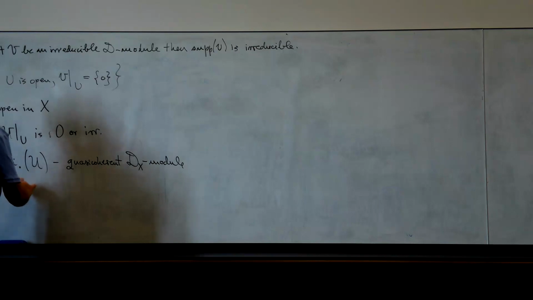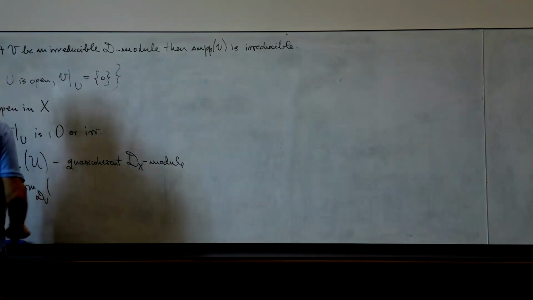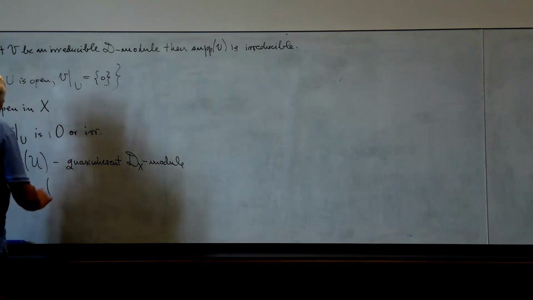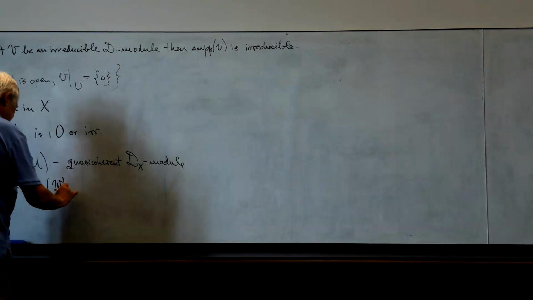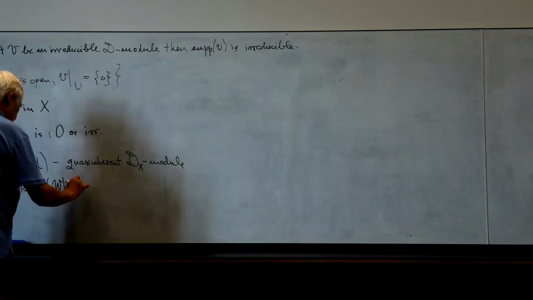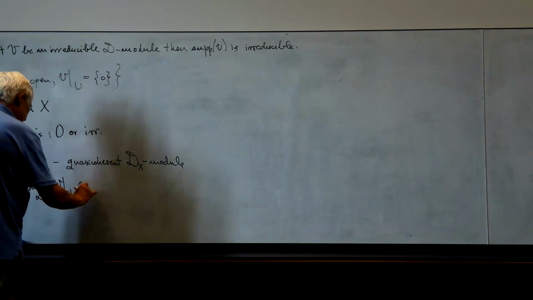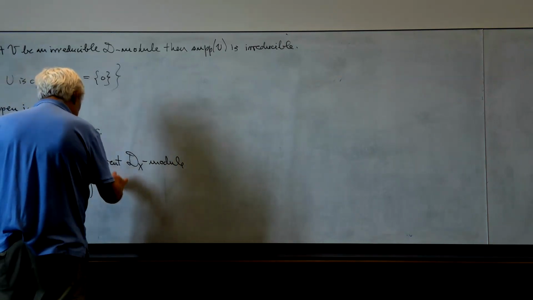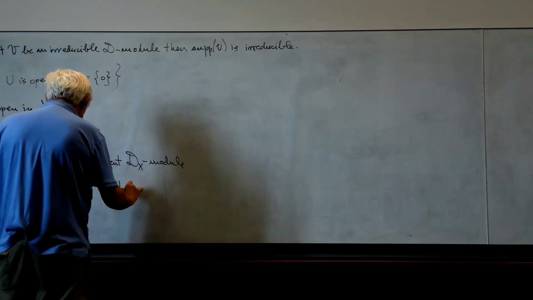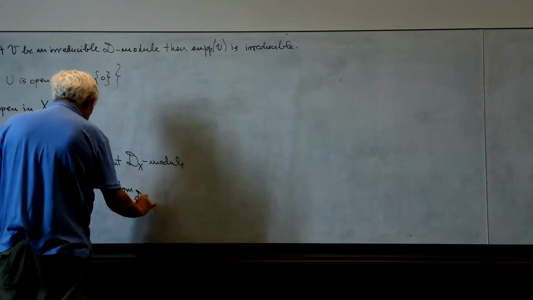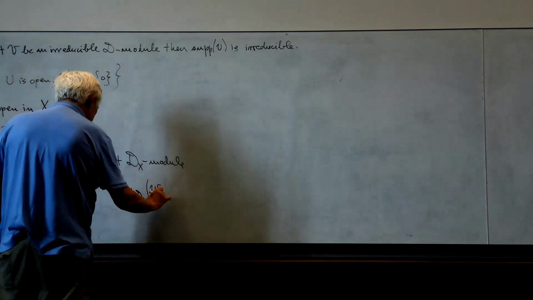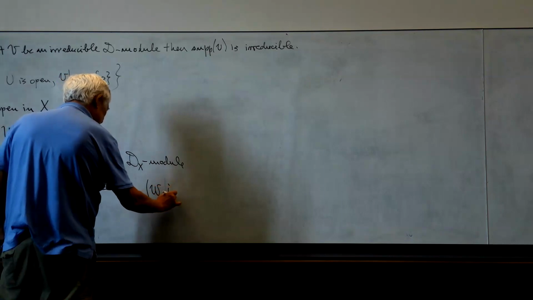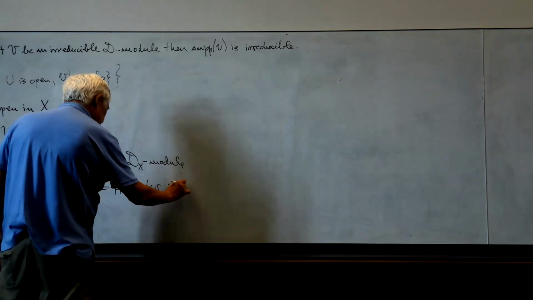So if I look at Hom over D of U of W restricted to U into script U, this is the same as Hom over D of X of W into the direct image.